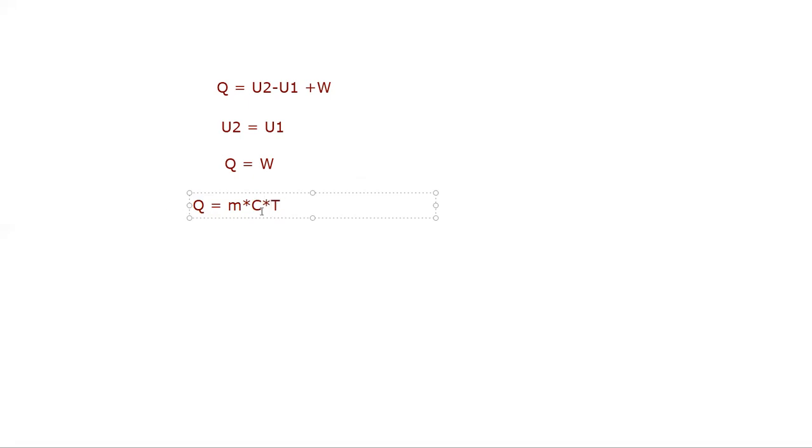Now, as this change in T is zero, C will become infinity, because C is equal to Q by M into ΔT. So the specific heat in case of isothermal change is infinity. Molar specific heat in case of isothermal change is infinity.